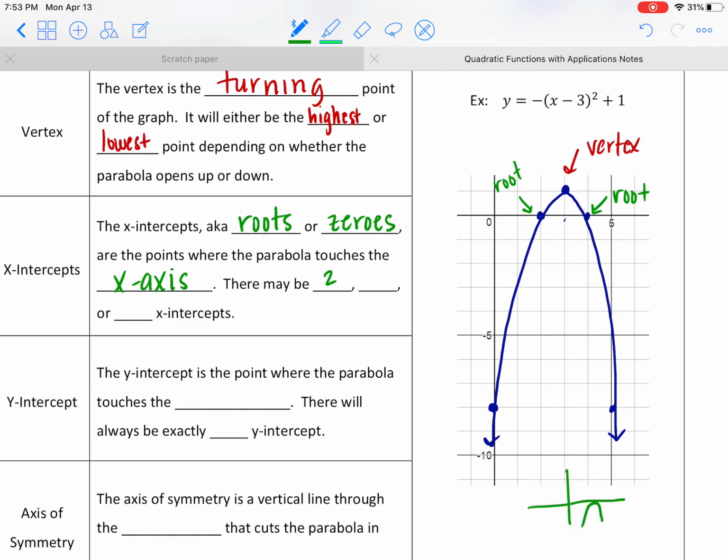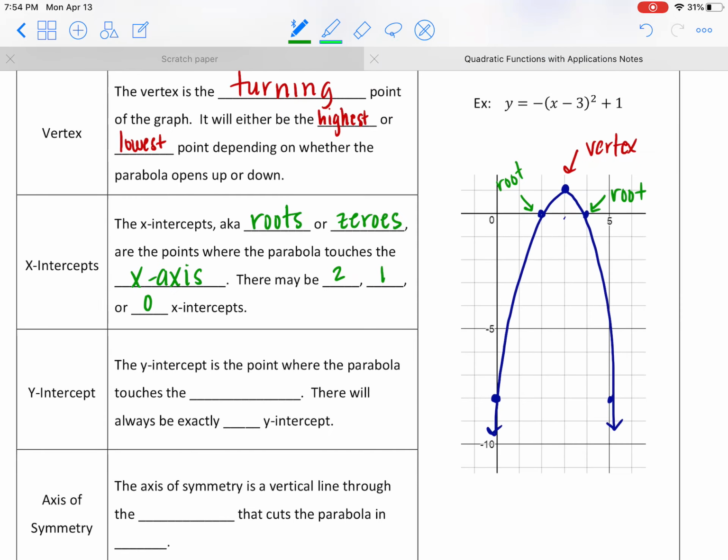If the vertex was on the x-axis, then it would only have one. And if your parabola was somewhere up here, it would never touch the x-axis because it opens up forever from a point above it, or maybe down here. So typically you're looking at two x-intercepts, but it's also possible to have one, and also possible to have none.